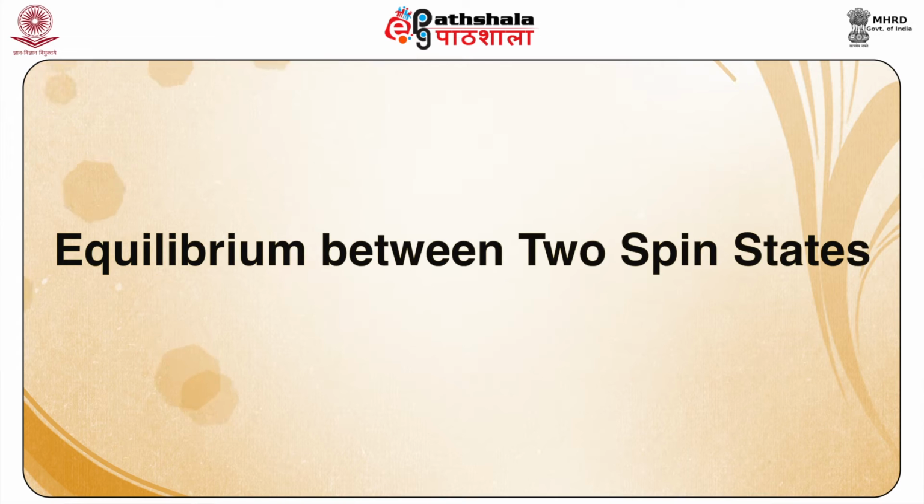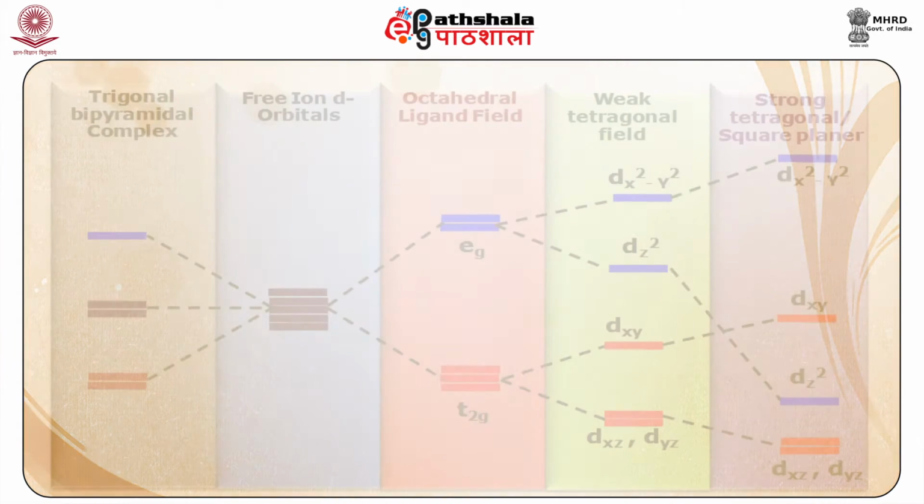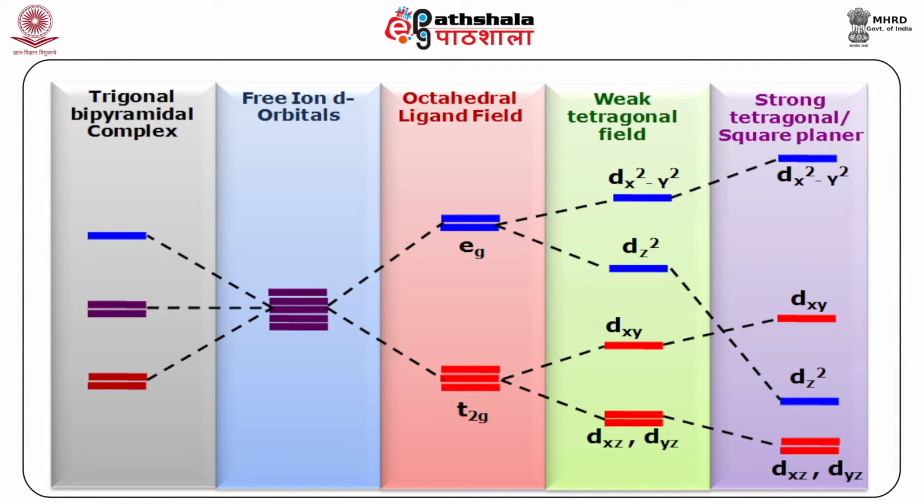Equilibrium between two spin states. As we know, the ligand field causes splitting of the five degenerate d levels of a transition metal ion into two or more separate sets of levels, depending on the symmetry of the field.